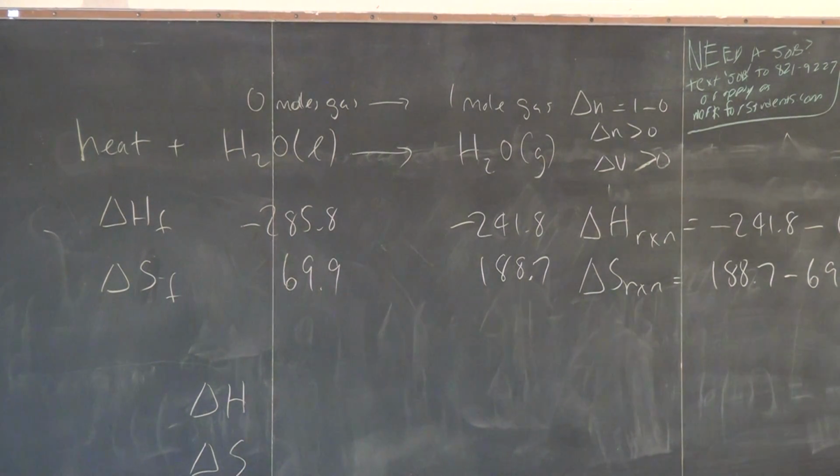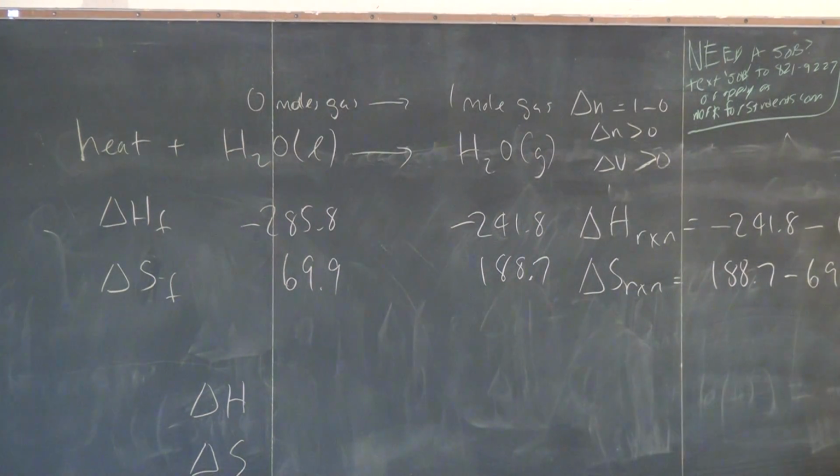When we do these two calculations, we get 44 kilojoules per mole for delta H, and for delta S, 118.8 joules per mole per degree.